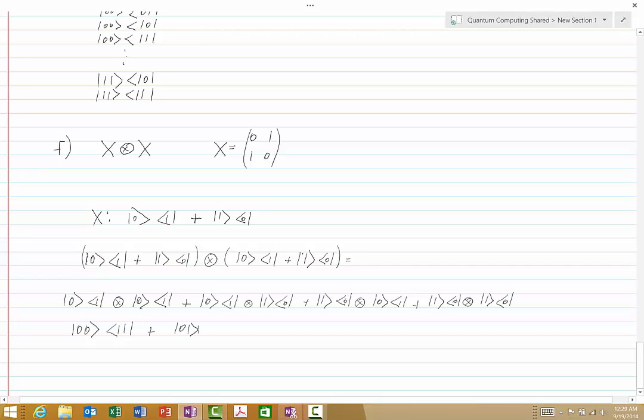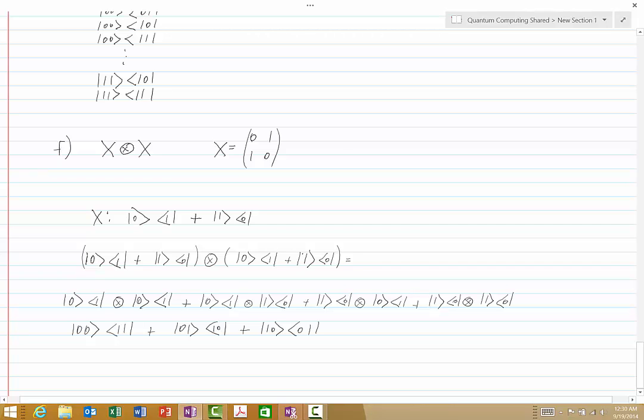This is the first part, the 0 and 1, the ket part of each operator expression, and then we take the second parts of each operator expression, bra 1, 0. For the next one, ket 10 bra 01.